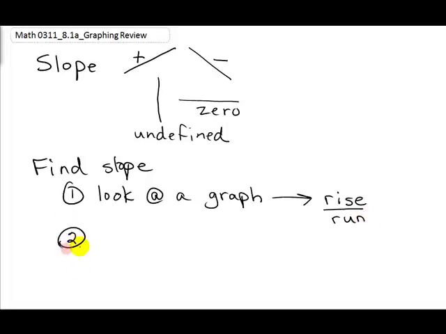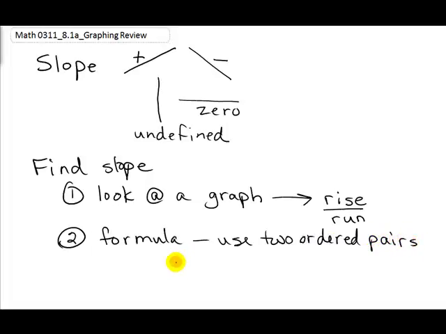Another way is with a formula where we will use two ordered pairs in the formula.